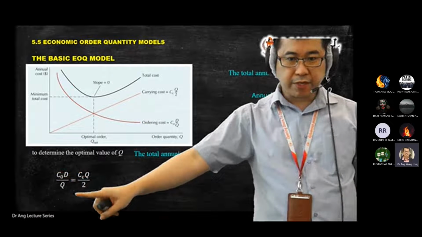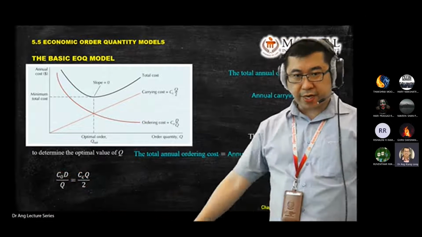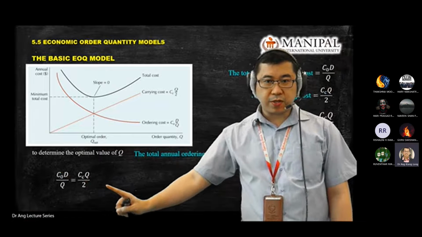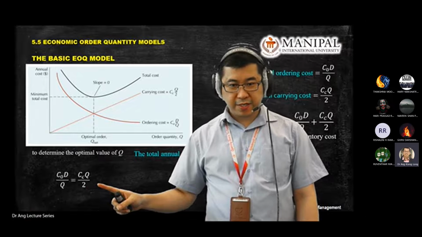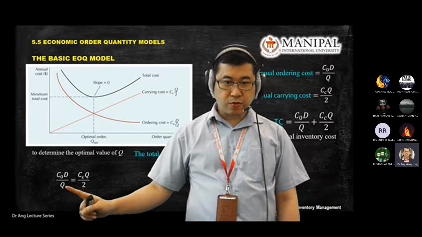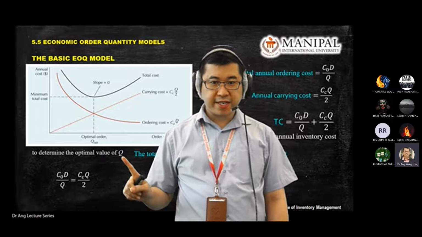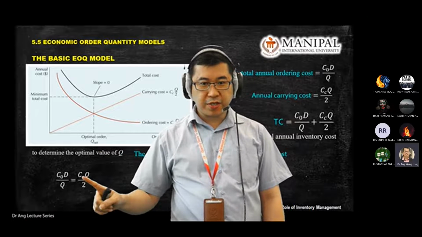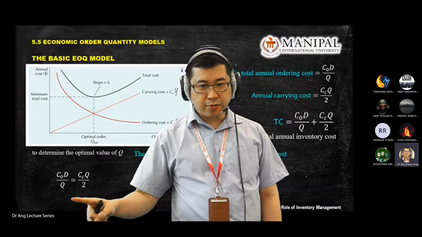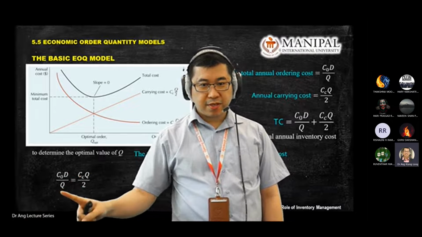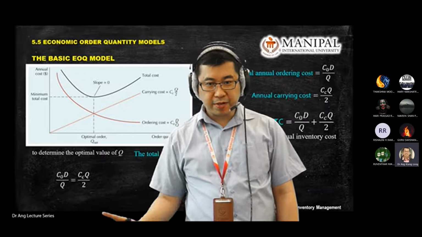Okay, you have these two equations that you copied in your handouts, right? Ordering cost equal to carrying cost. Can you do simplification? You want to find your Q, right? Inside this equation, there's only one Q, right? But when you rearrange, you can get Q on the left hand side, right? You know how to rearrange, right?